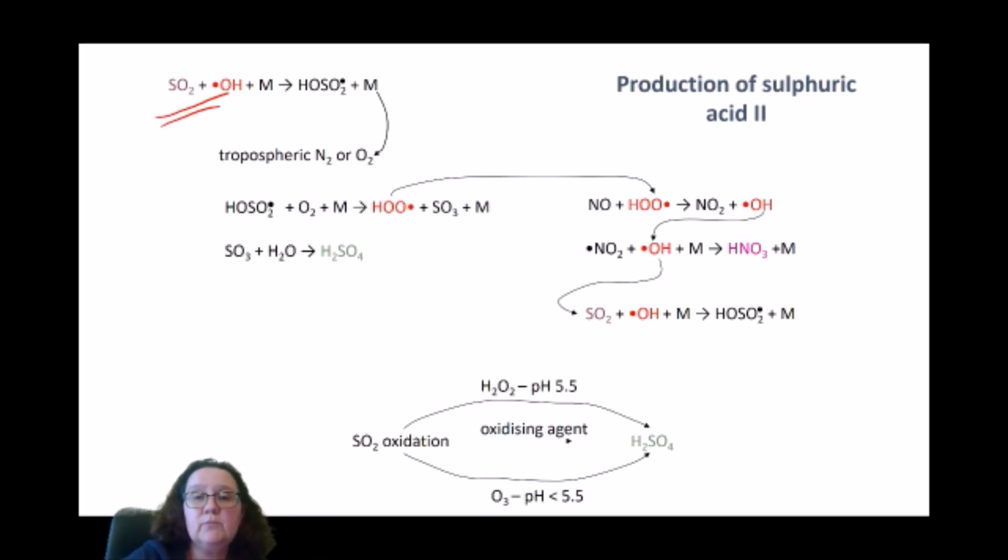It forms various oxidized species, these peroxide species, and eventually, interacting with the peroxide radical and with the presence of nitrogen monoxide that you also have in the atmosphere, you produce sulfuric acid. And sulfuric acid is an oxidizing agent, and it's also a strong acid. So it contributes to the acidity, the decrease in the pH of rain.